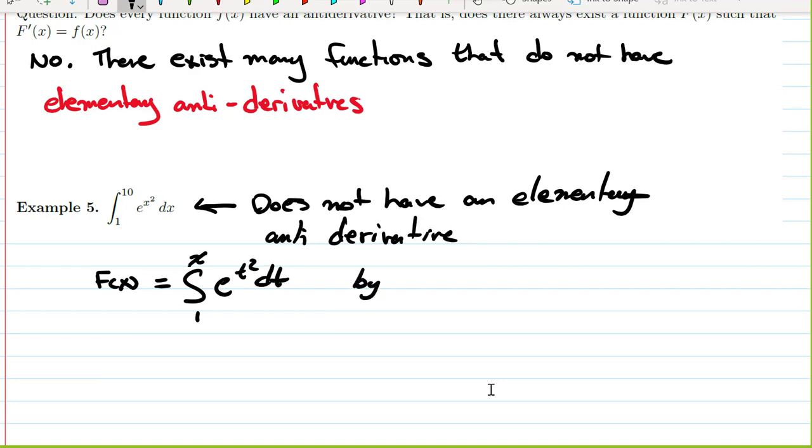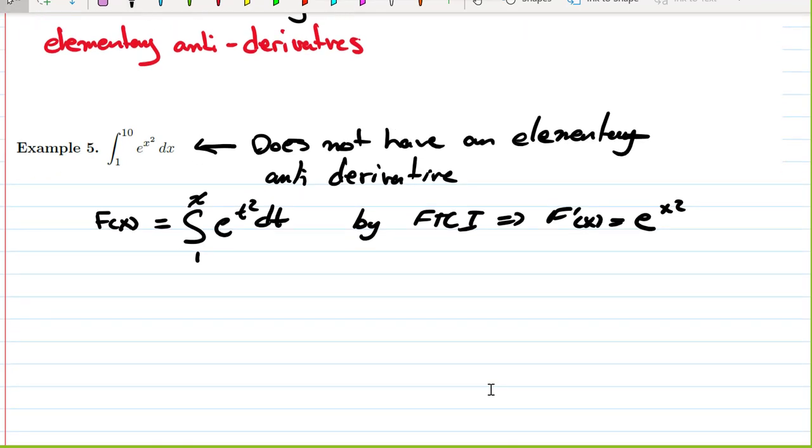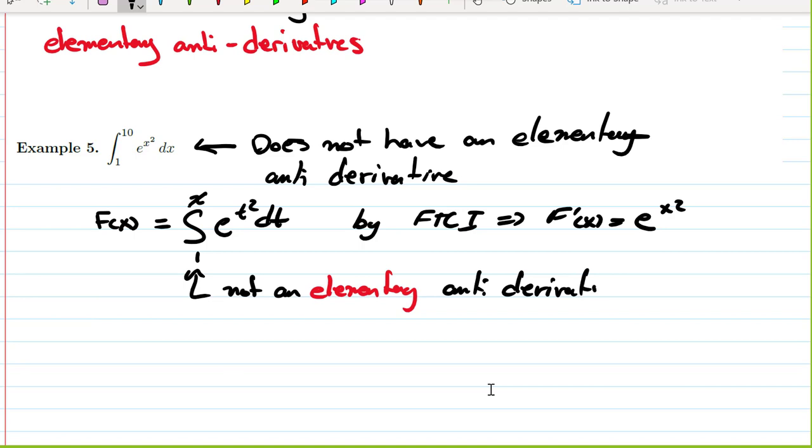Well, by the FTC part 1, the derivative f prime of x is equal to, I just plug x into here, e to the x squared. But this isn't an elementary antiderivative, because the antiderivative involves an integral.